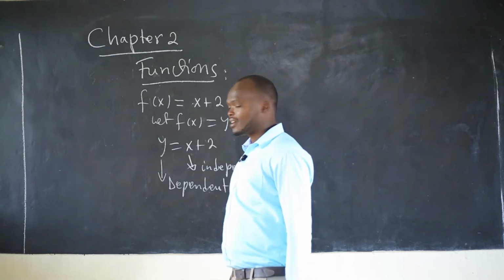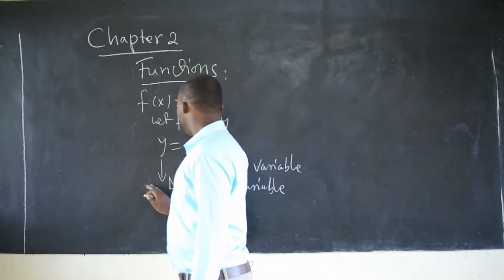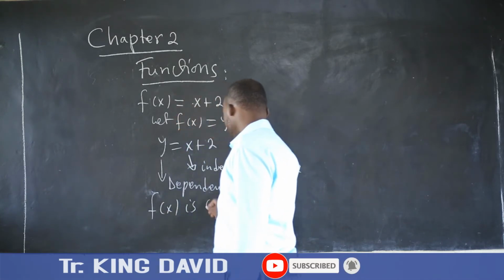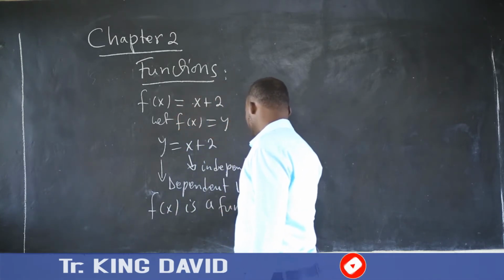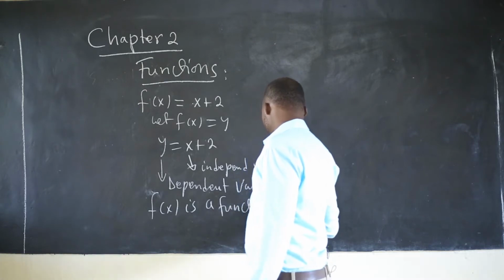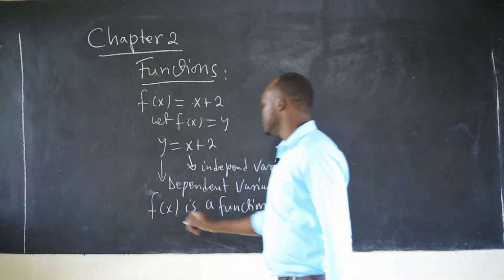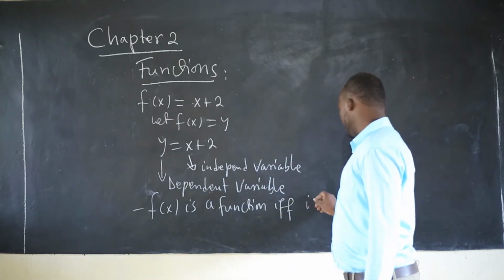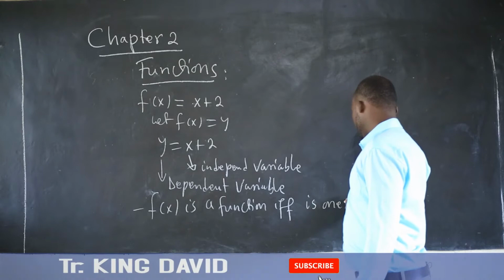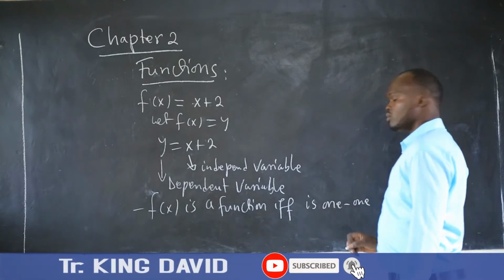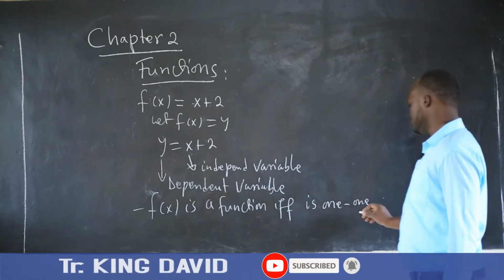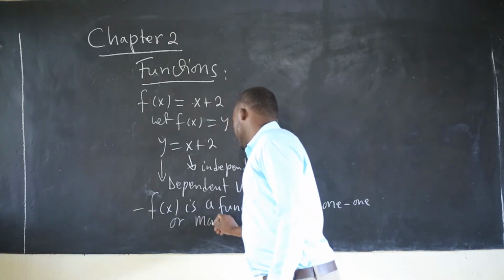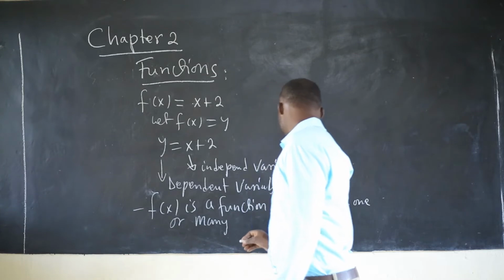So when is f of x a function? We call it a function if and only if it is one-to-one or when it is many to one.